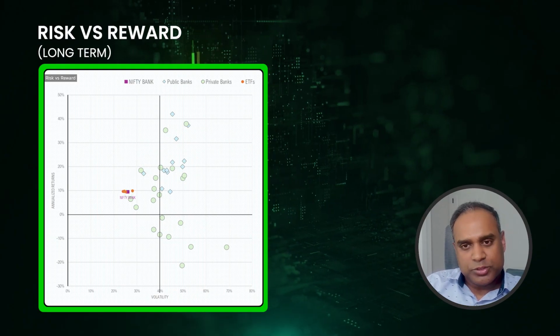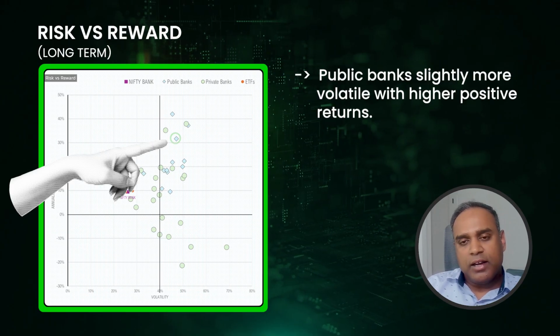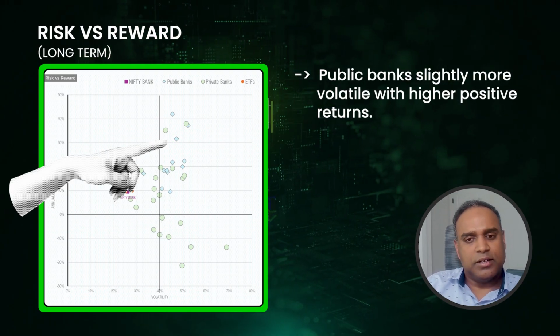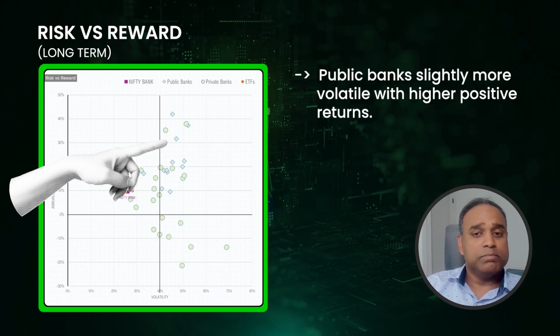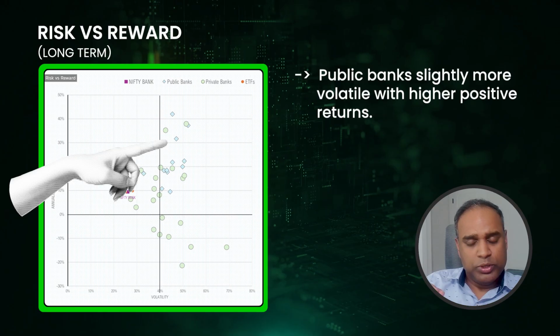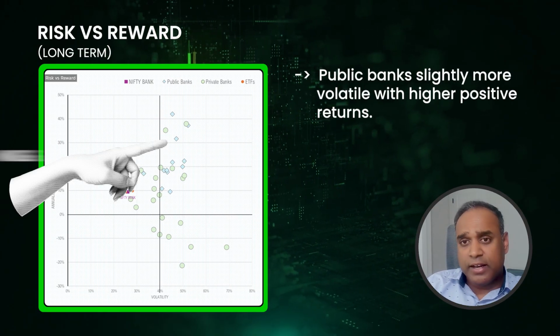Now the way to interpret this is that overall the blue diamonds, which are public banks, are slightly more volatile than a majority of these private banks. However, the public banks do have better returns. So generally speaking, the blue diamonds are in the top right of the quadrant. Now, there are exceptions.